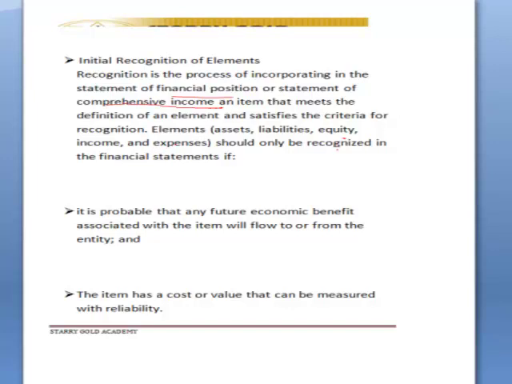So elements should only be recognized in the financial statement if, number one, it is probable that any future economic benefit associated with the item will flow to or from the entity. If it is an asset or an income, the future benefits associated with the item will flow in to the organization.